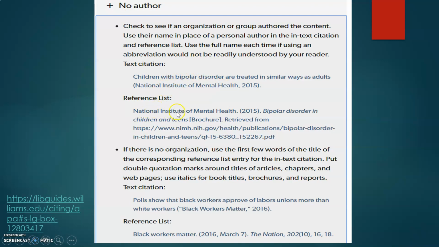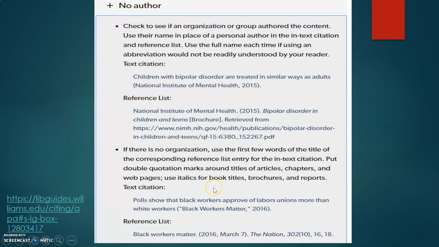And on your reference page, this is how you're going to show that source. As you see, once again, what you got here in reference to the source will be the first thing you give on your reference list together with the date. See, this is an author date system.